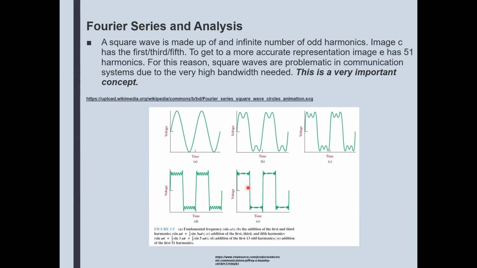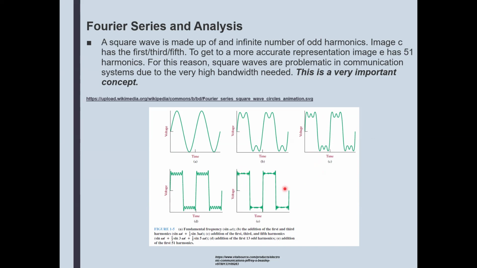Image E. So see, 51, you keep adding those harmonics and things are going to get sharper and sharper as a square wave, with so many harmonics being present in certain proportions. For this reason, square waves are problematic in communication systems due to the very high bandwidth needed. To get a proper square wave, you need to be able to convey through whatever medium, link, or device.